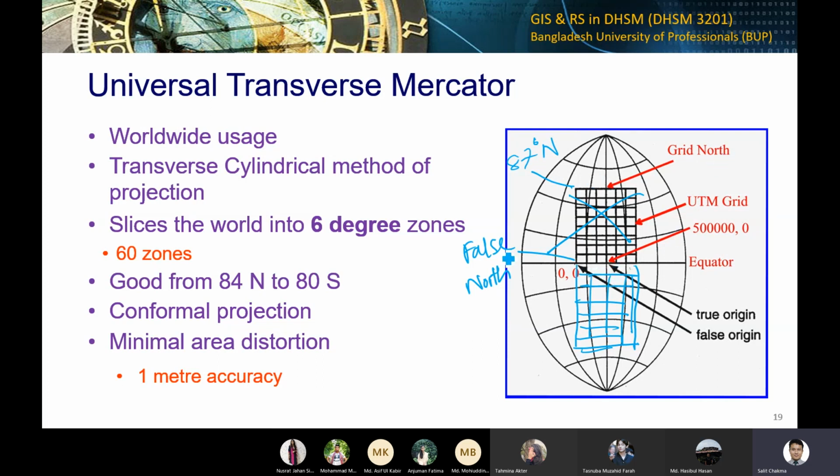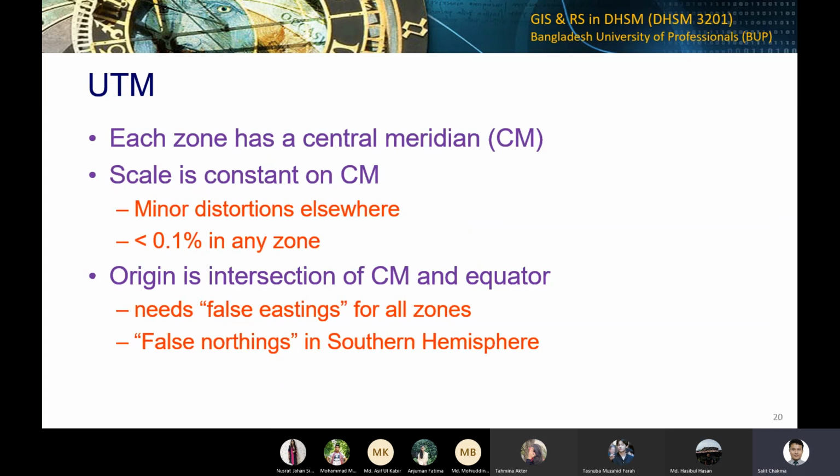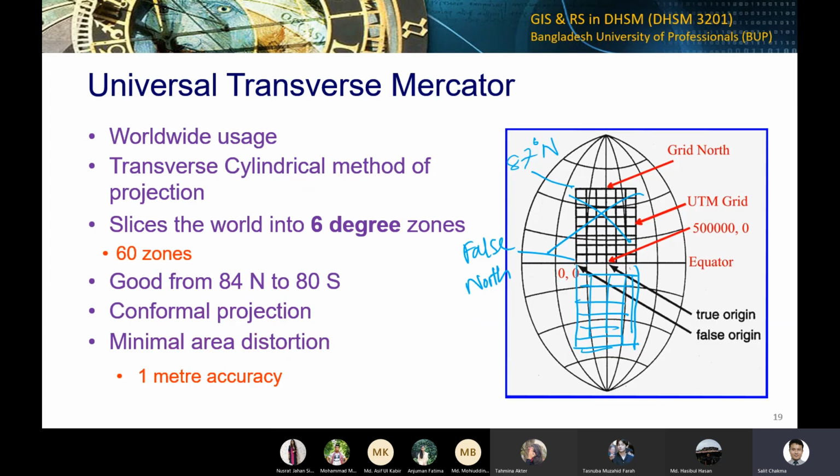So it creates a false north, just like the false origin point. It creates a false north point or false north grid, and from this false north it starts to calculate. So it needs a false easting. False easting is the false origin point, and false northing is for the southern hemisphere. This is the false northing that I was talking about.